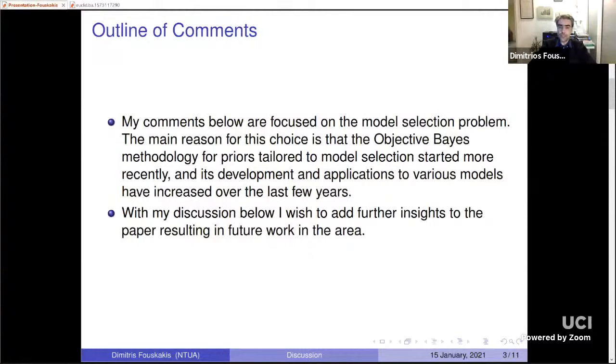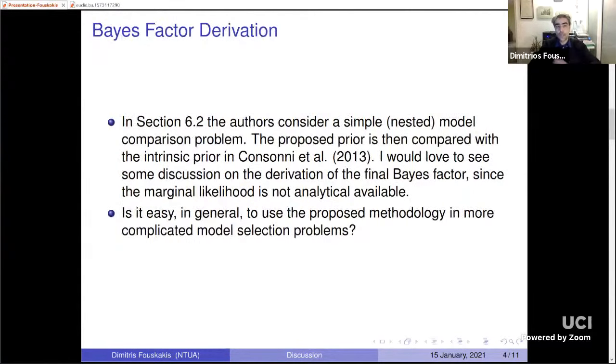With my discussion today, but also written in the journal, I wish to add some further insights to the paper, resulting in future work in the area and probably some more collaborations.